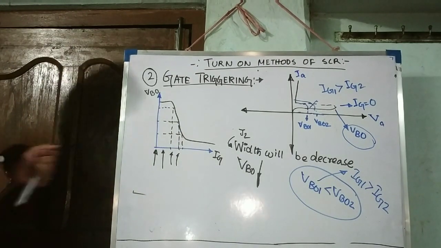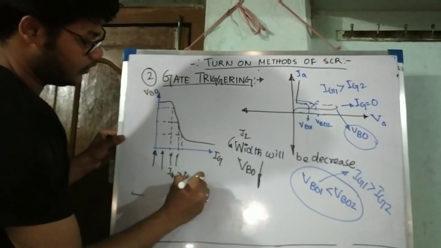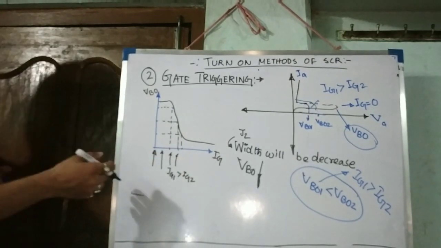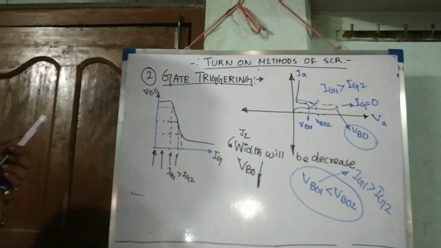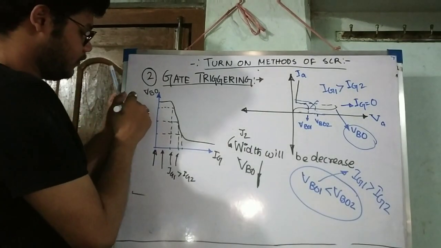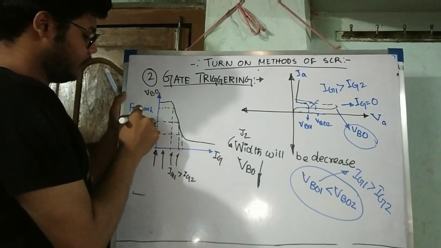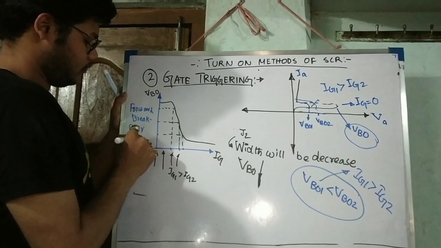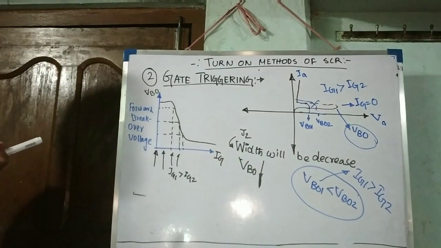And this kind of method is known as the gate triggering method. This is Ig1, Ig2, where Ig1 is greater than Ig2, like this. And this is your forward breakover voltage.